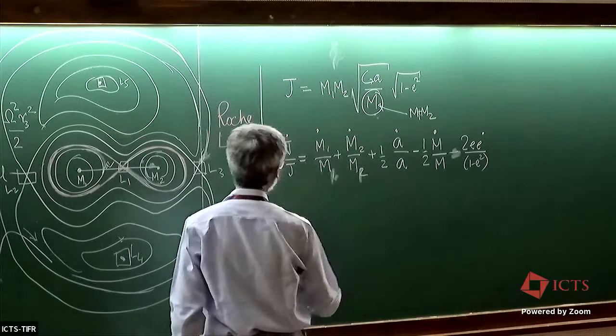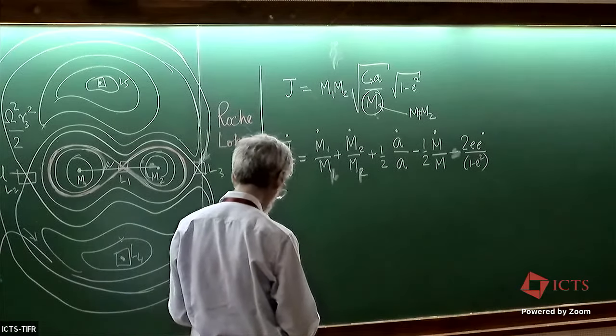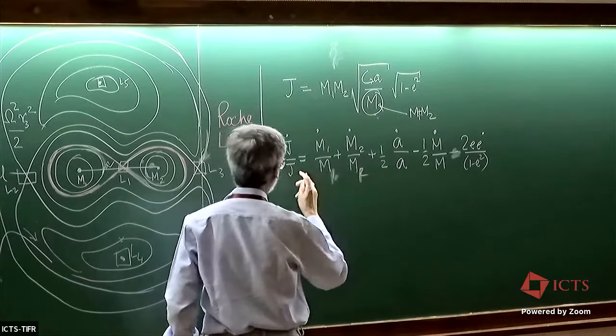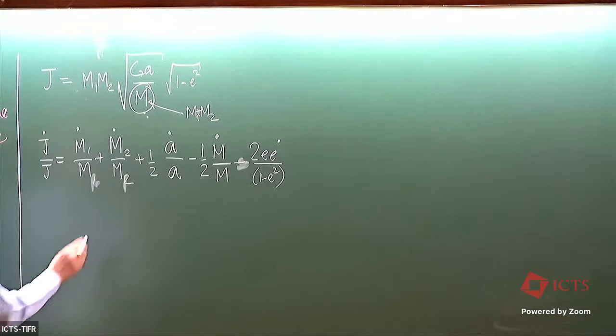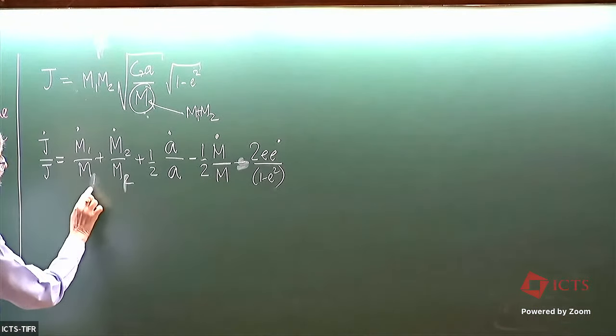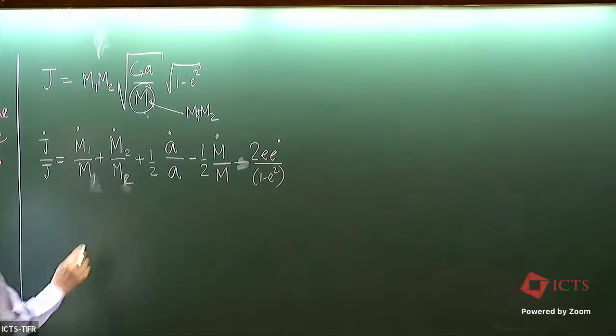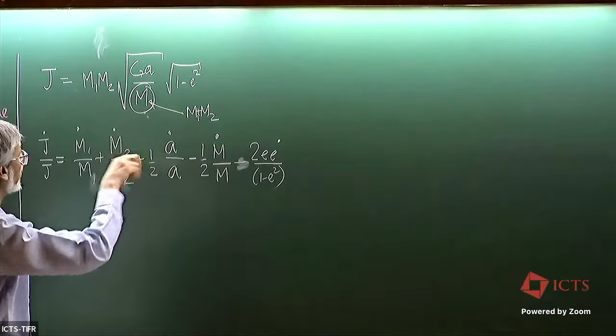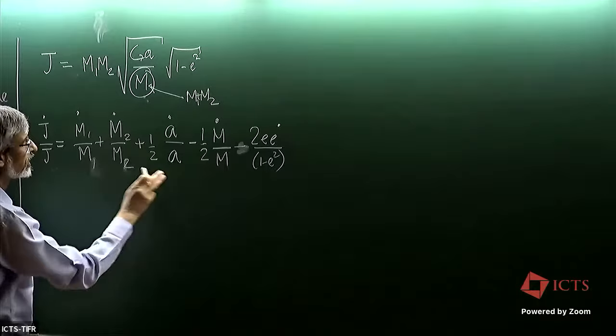So we can collect all this and then write an expression for A dot over A in terms of all these changes.